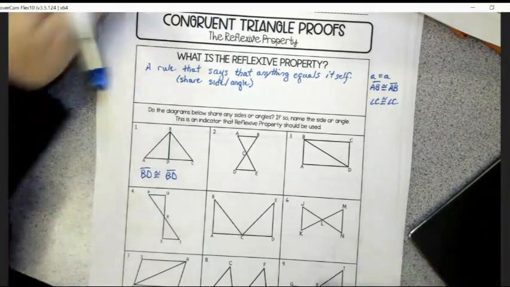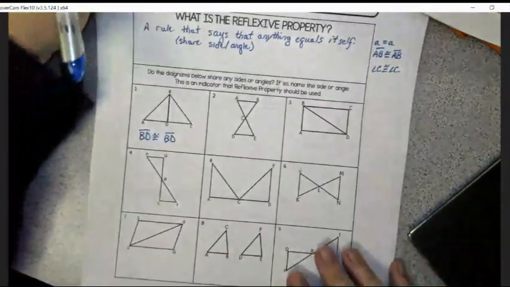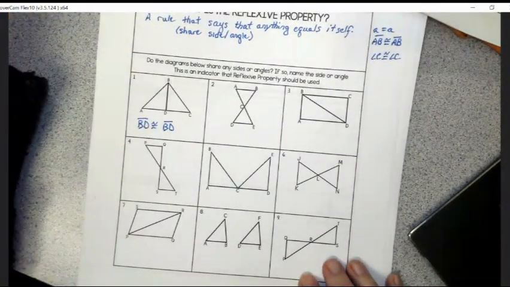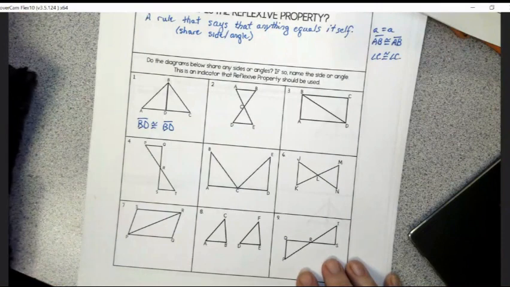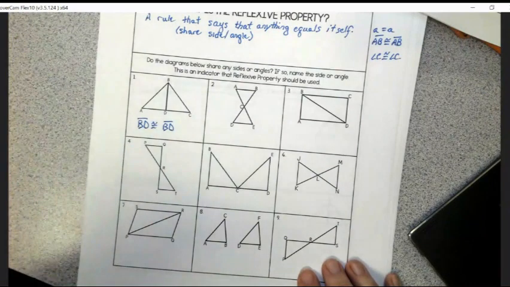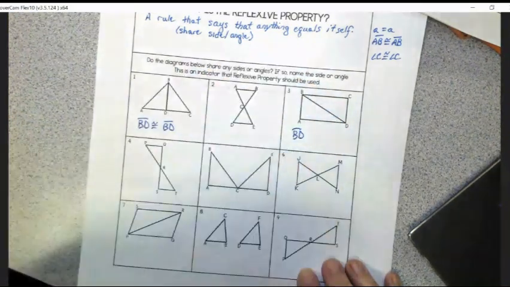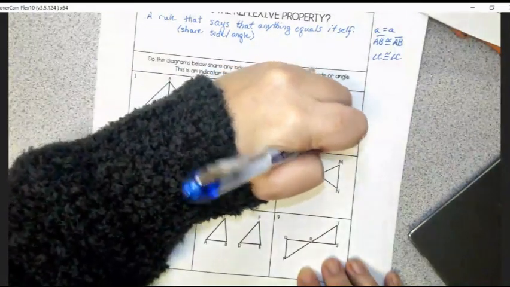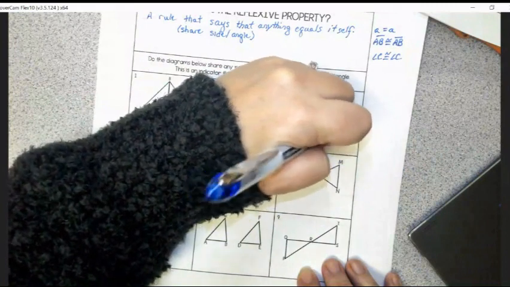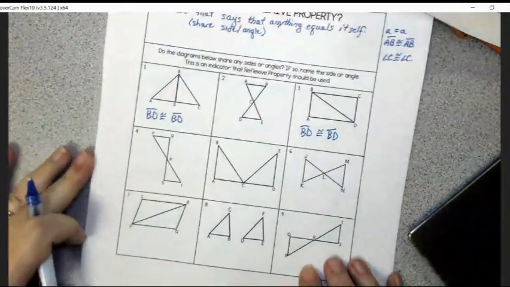Okay, the next one, if you want to go through real quick before I give you the answers, see which ones of these have where you can use the reflexive property. Number 3 is the next one. Both of those triangles have side BD, so once again, you can write BD is congruent to side BD.